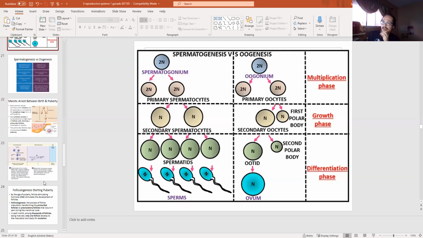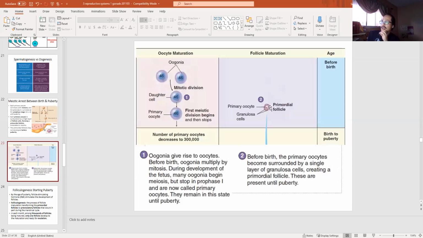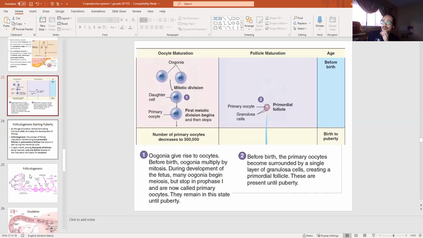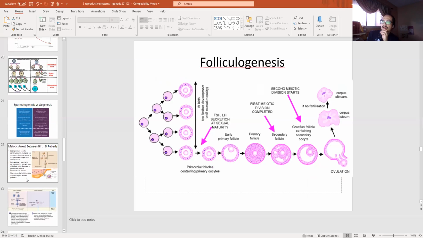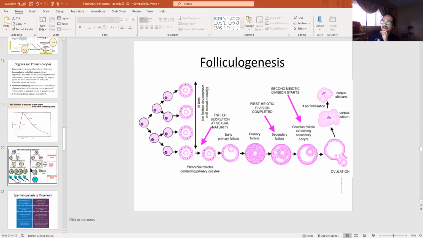They will stay in the follicle, but it doesn't change until puberty. Then they start to grow again. So that's that.